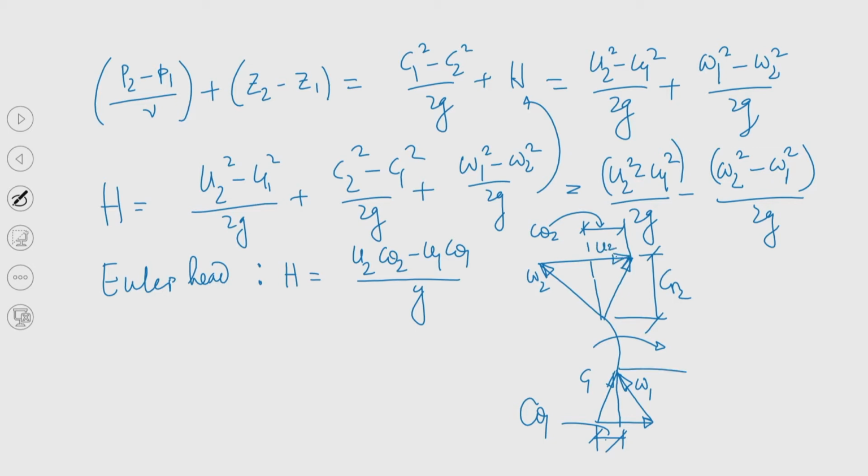And this is the flow velocity at the inlet, Cr1.